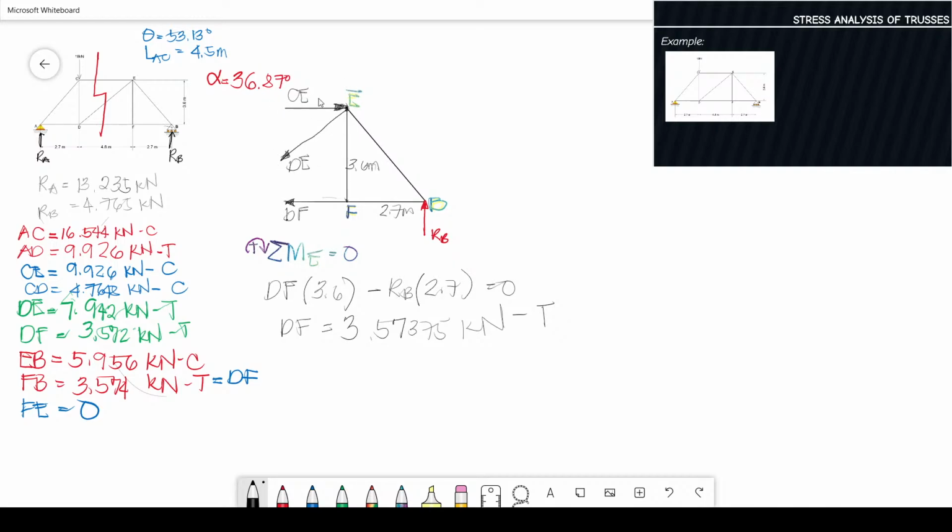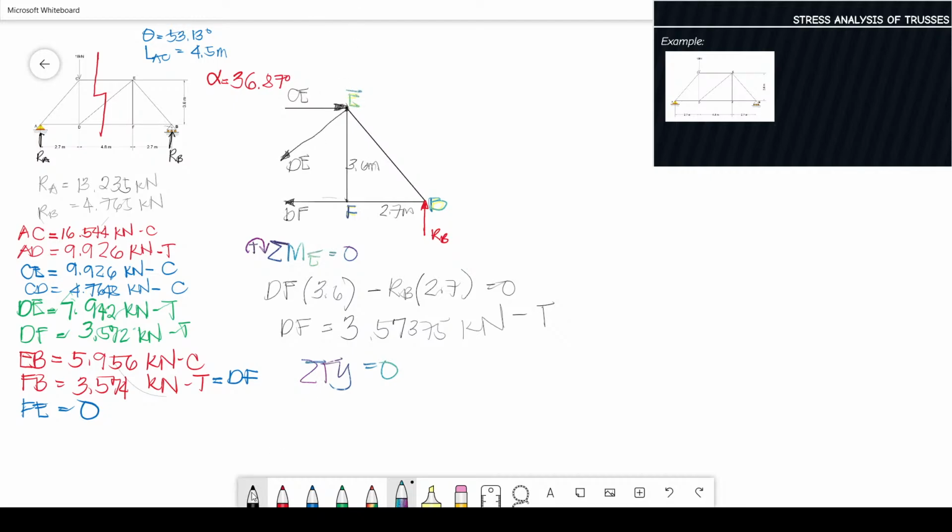Unlike vertical, where we only have one unknown, the vertical component of DE. So let's proceed with summation of forces y equals to 0. Again, using this whole structure, this is our free body. Forget the joints, this is our focus, okay?